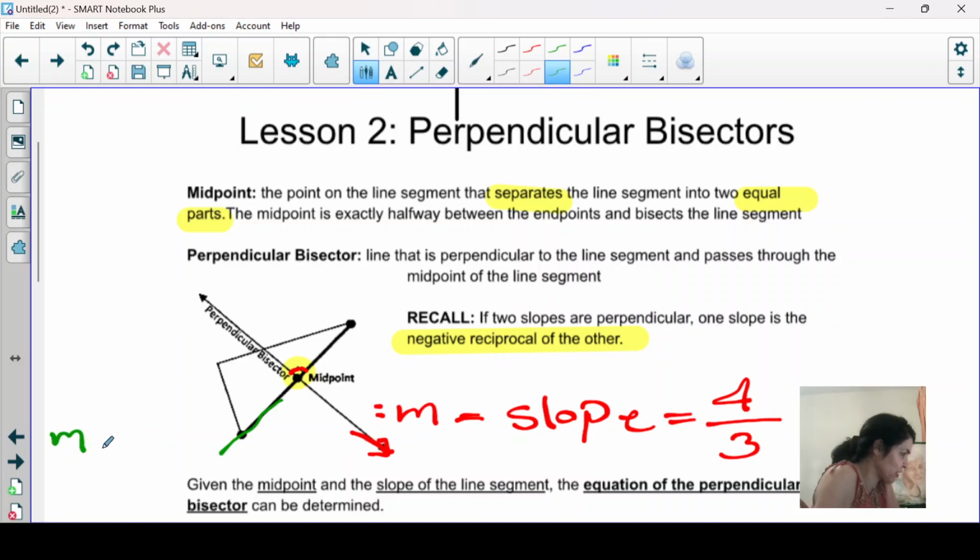I call this M2, I call the other one M1. The slope of the other one is equal to the negative reciprocal. Negative means the sign changes, and reciprocal means that they flip. So it's negative 3/4.